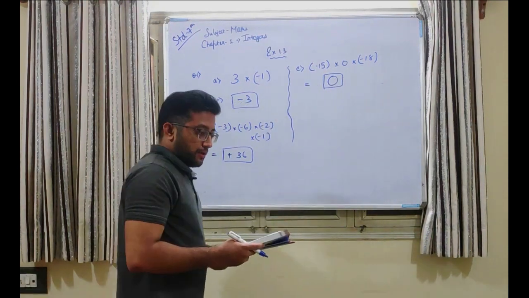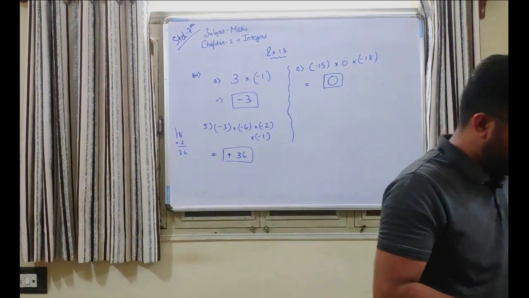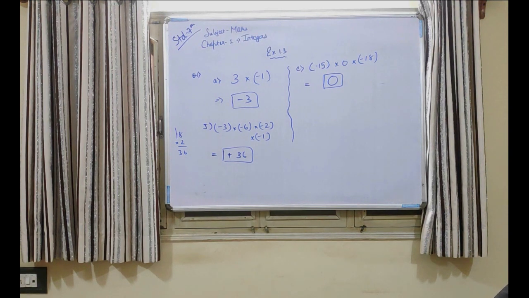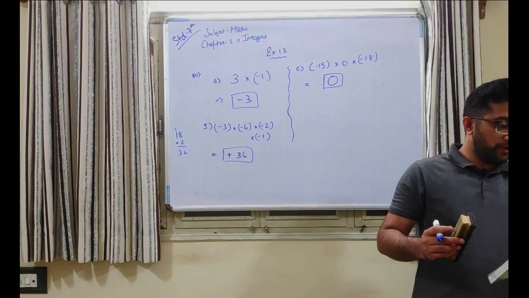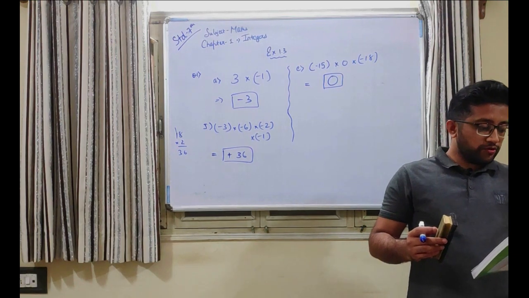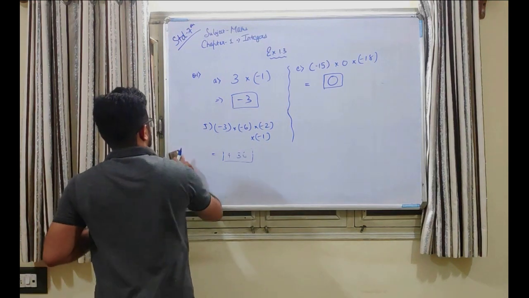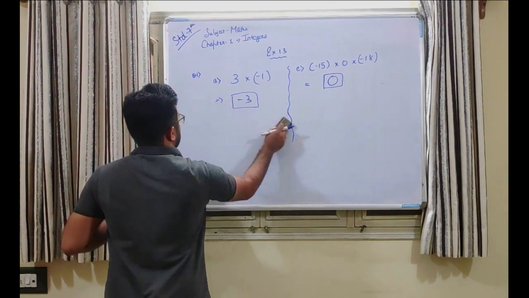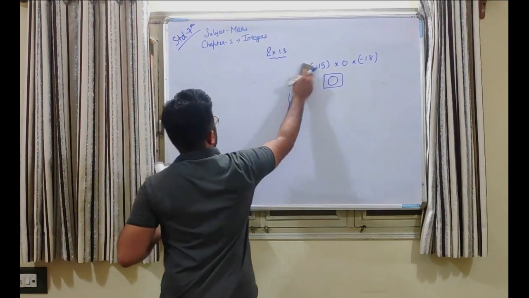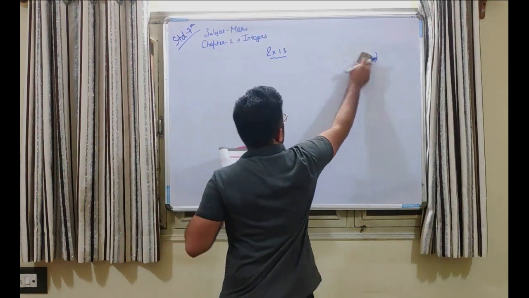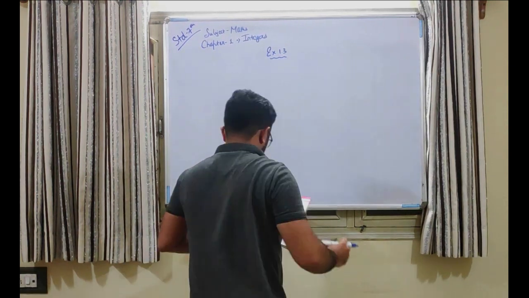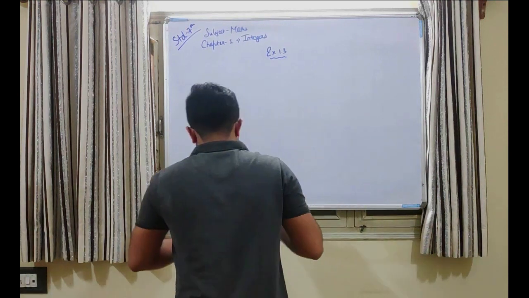So I think you are clear with question number 1. Others you may try on your own, and you can ask any doubts in the comment section if you have any. Now let us try to verify question number 2. Verify the following.